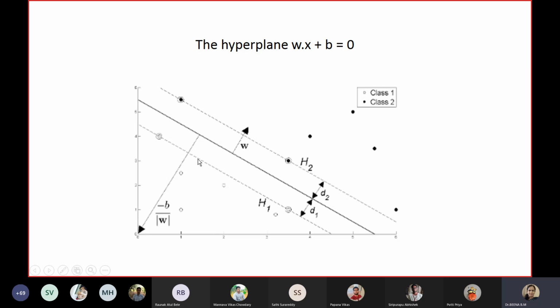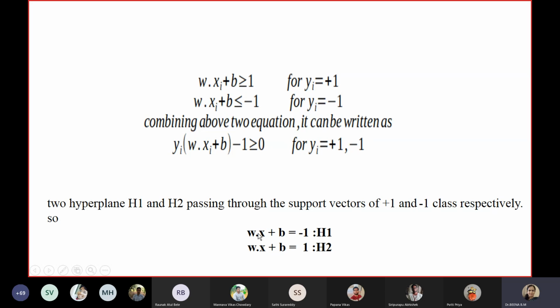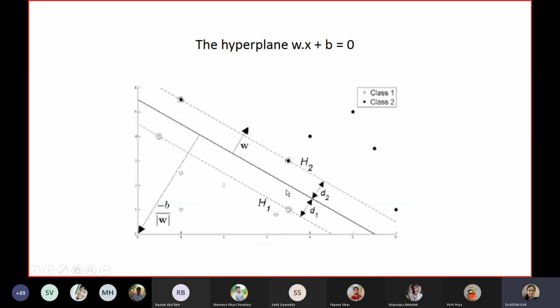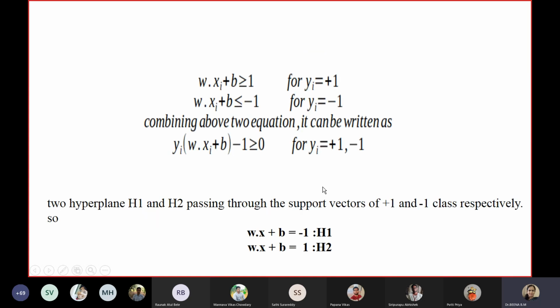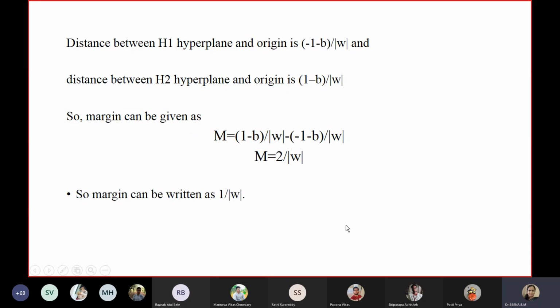See here, I said the dotted line is the hyperplane, the main line. The distance between this classifier and this is d1. So how is H1 denoted? H1 is denoted as wx plus b = -1, because if the line is below this line we take this as a negative value. So H2 is a positive value: wx plus b = 1.